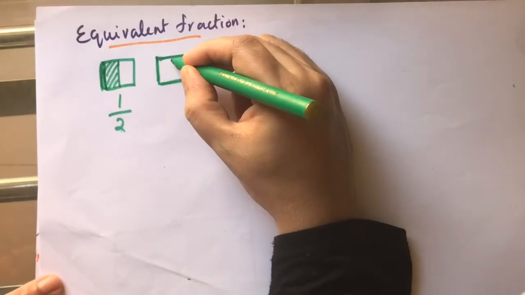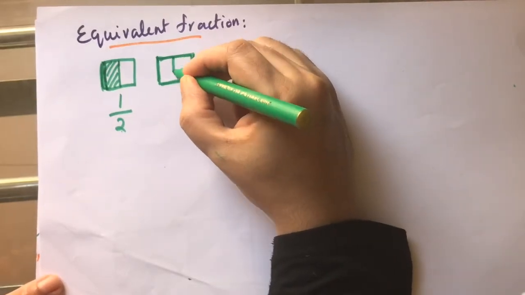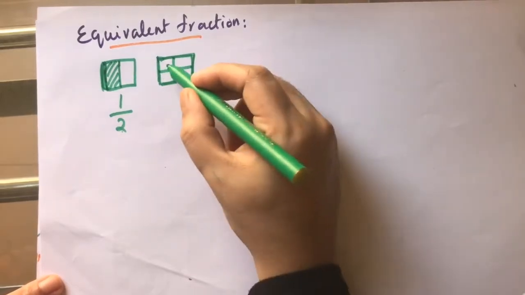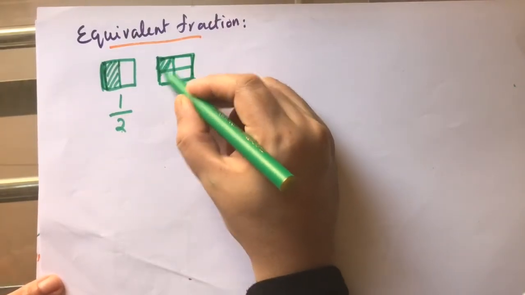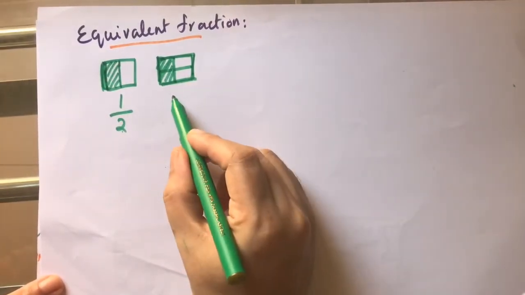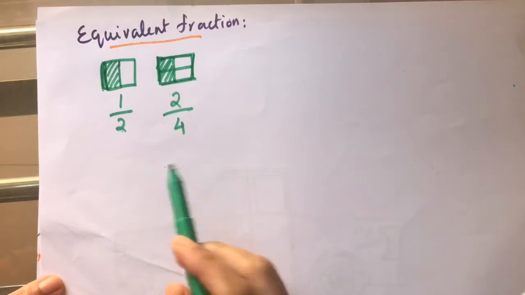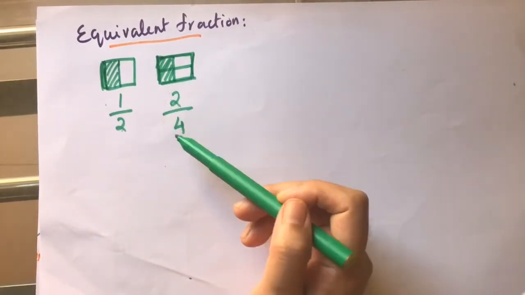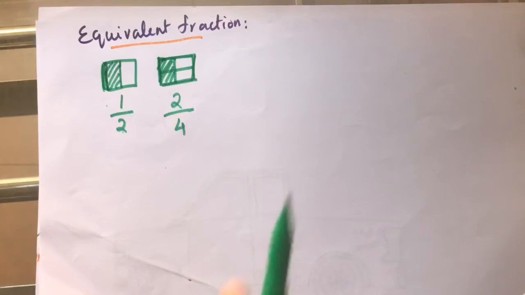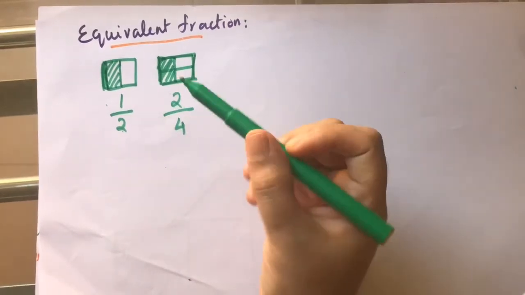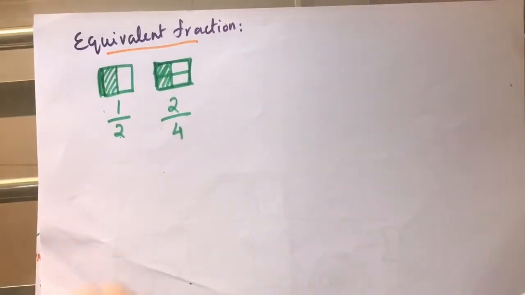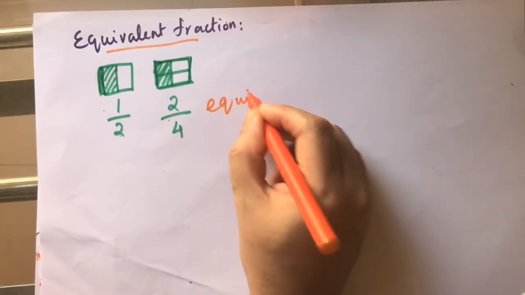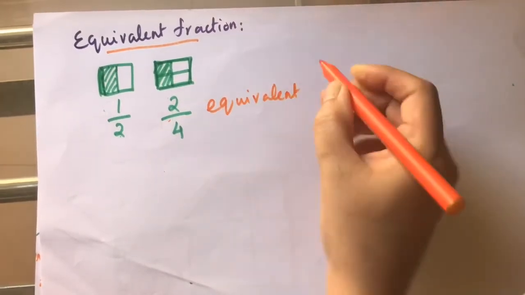Here I am dividing into 4 equal parts, and I am shading 2 out of 4. I can write it as 2 by 4. If I write 1 by 2 and if I write 2 by 4, the occupied space is the same. So we can say these two fractions are equivalent fractions.